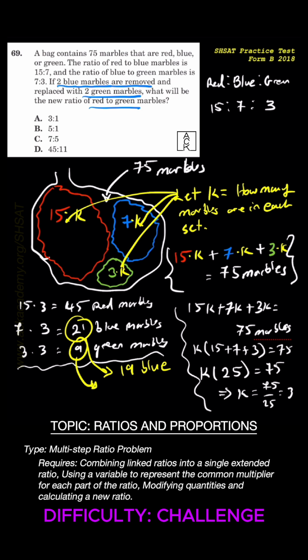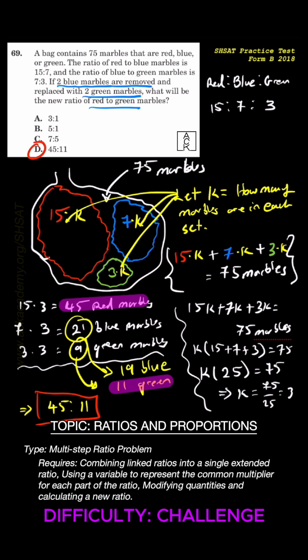And if we replace them with 2 green marbles, so 9 plus 2, we have 11 green marbles. What will be the new ratio of red to green? We know that red was 45 and green is 11. So the final answer is 45 to 11.